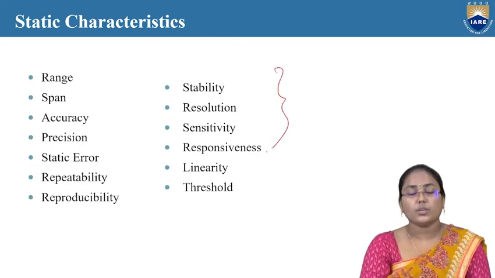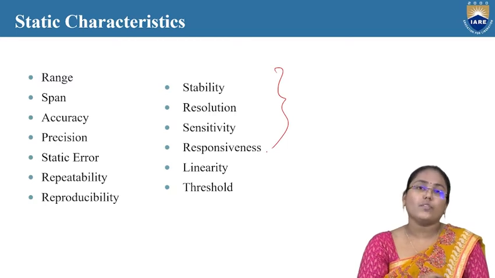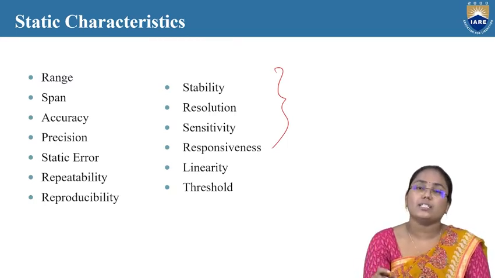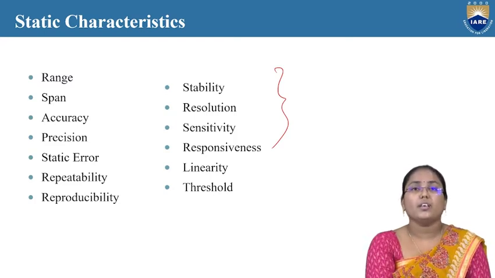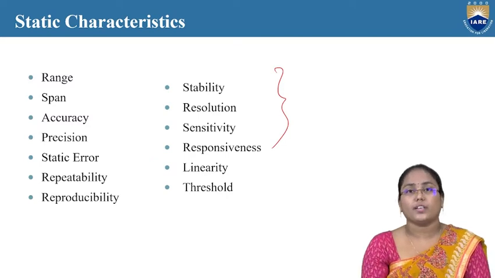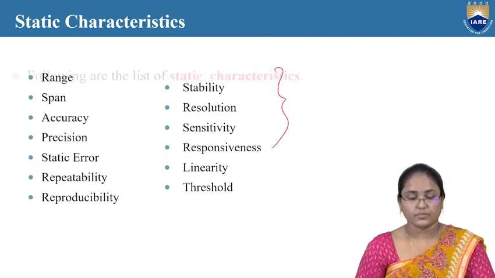All these are used to check the quality of an instrument. When the instrument is static in nature, we check these characteristics. If it is dynamic in nature, there are different characteristics which we'll be looking into.